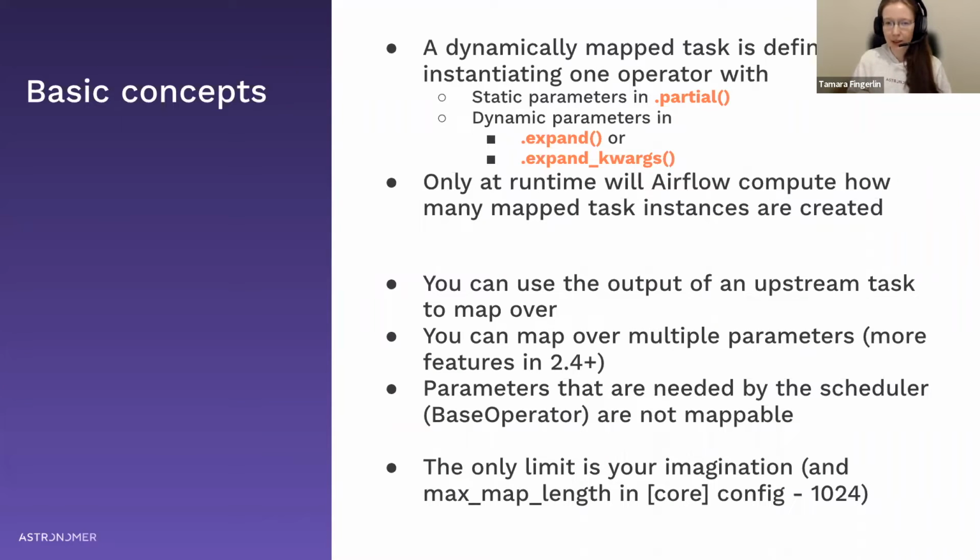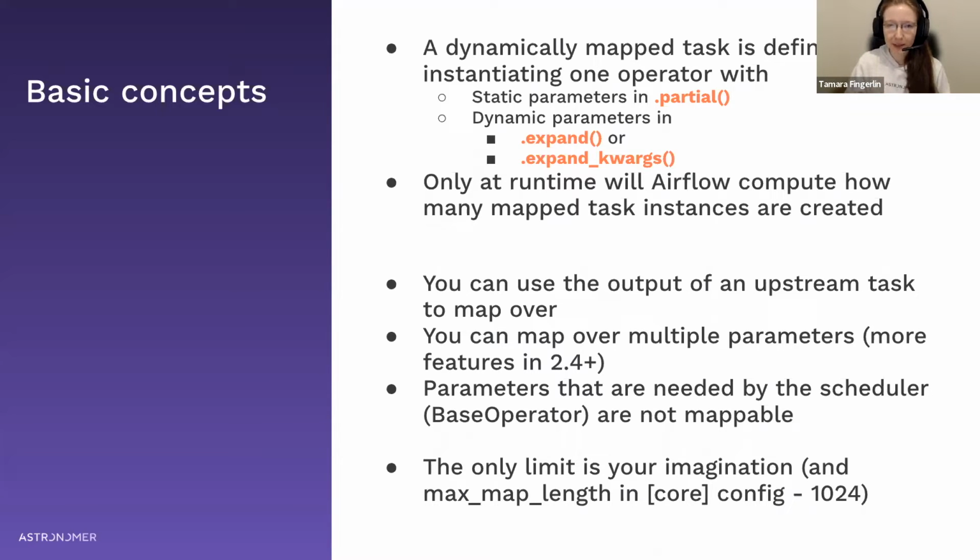And then you put all the dynamic parameters, so the things that should change in between the mapped task instances, in either the .expand or the .expand_kwargs function. I will show how this is put all together in a second.